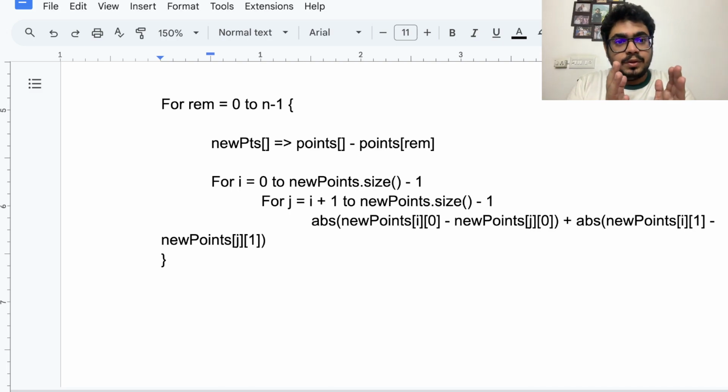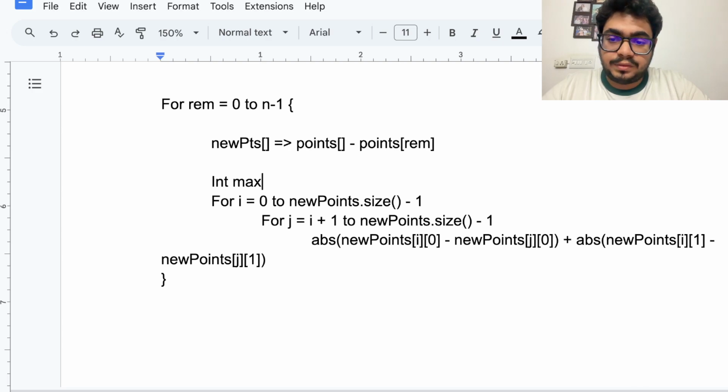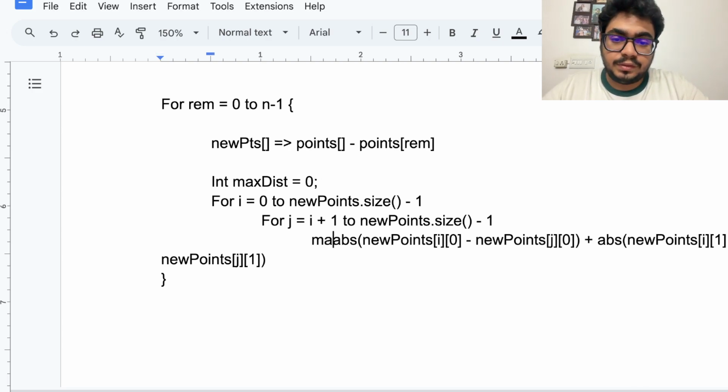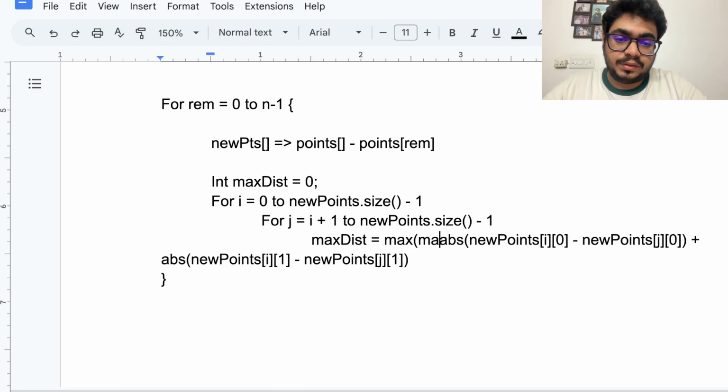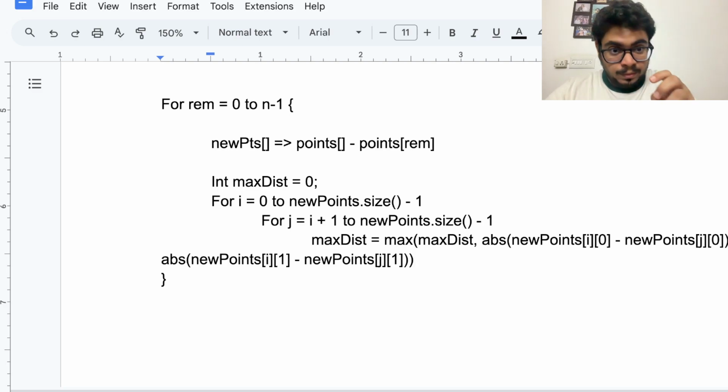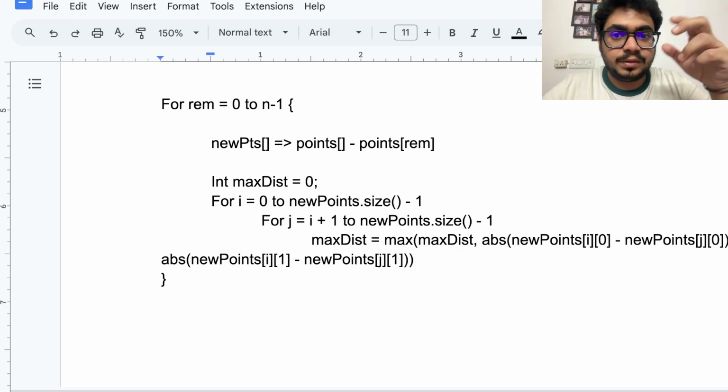Basically, find the difference between x coordinates, find the difference between y coordinates, and this is the Manhattan distance that you get, and you have to maximize it. So I'll say int max distance equal to 0 as of now. I'll update max distance as maximum of max distance comma this. So I'll run two loops and find the maximum distance.